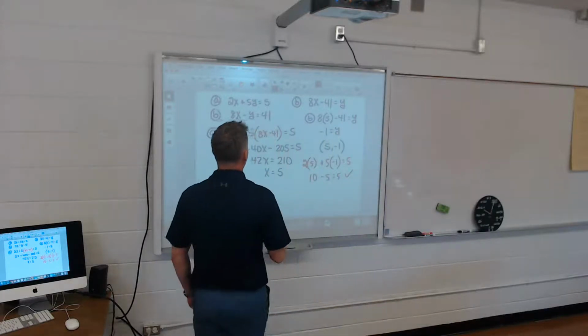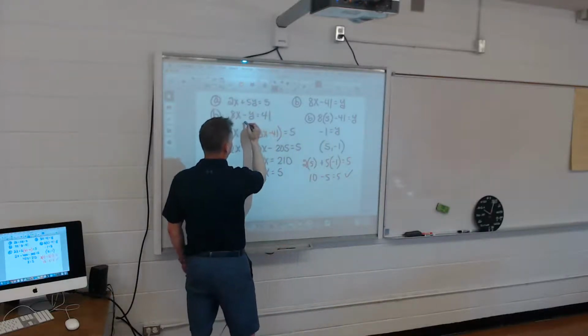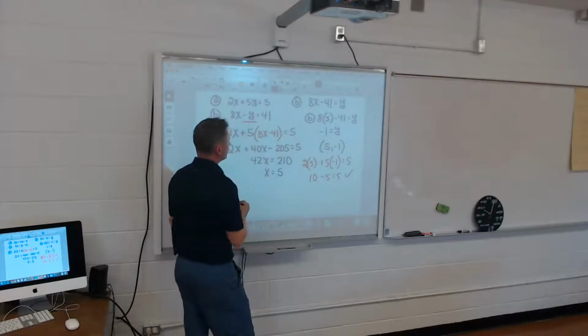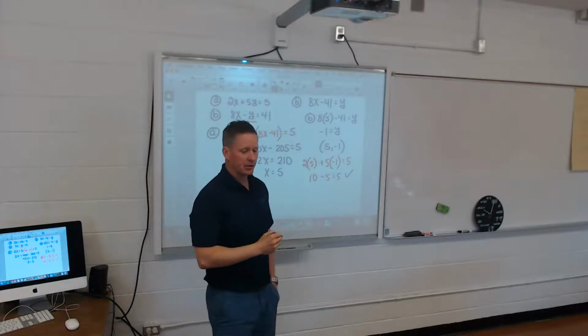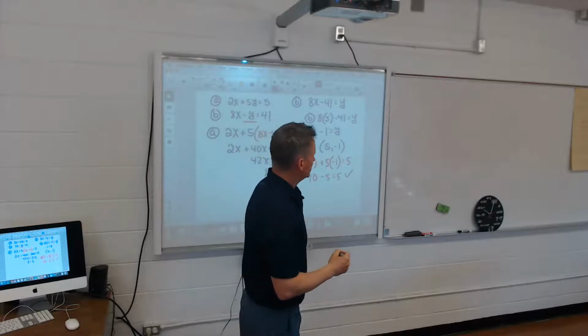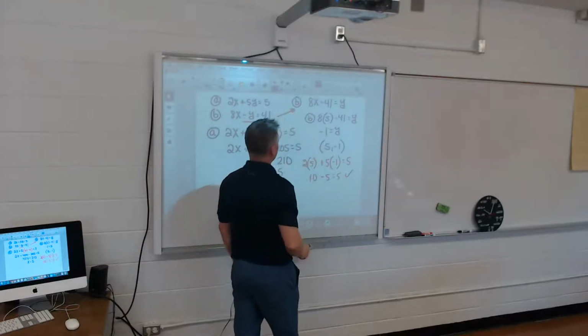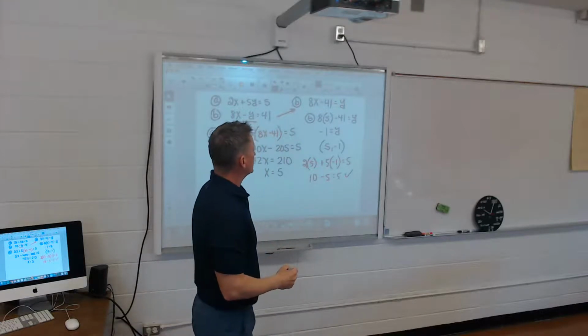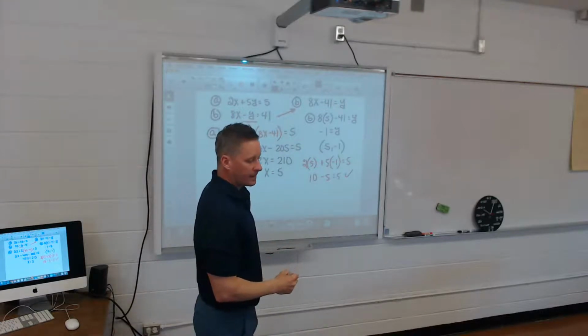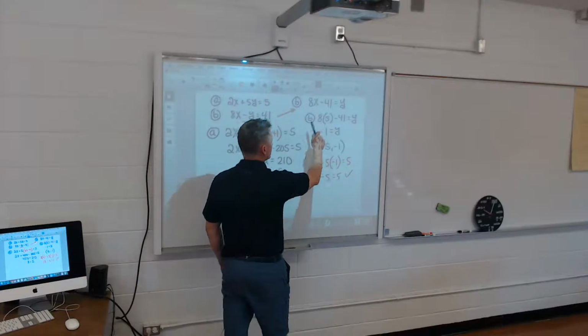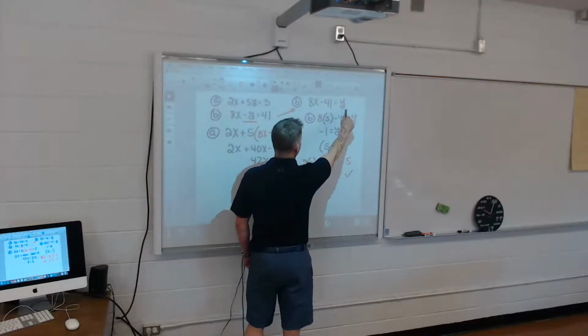So the first thing I did in this question is I recognized that the y here had a coefficient of -1, which then allowed me to isolate the y in equation B. So I made it 8x minus 41 equals y.